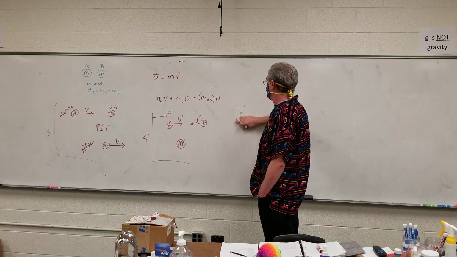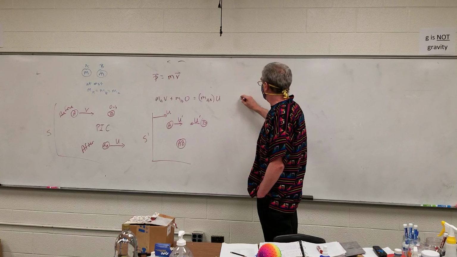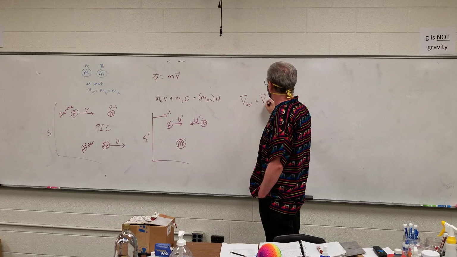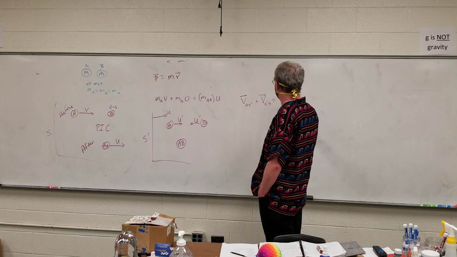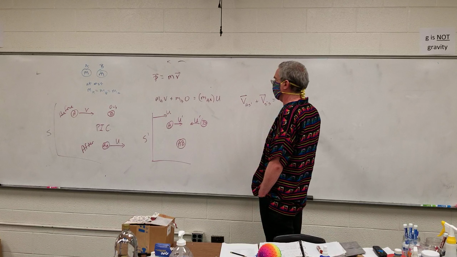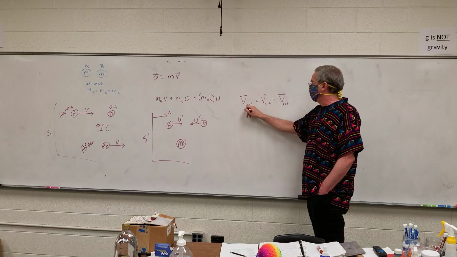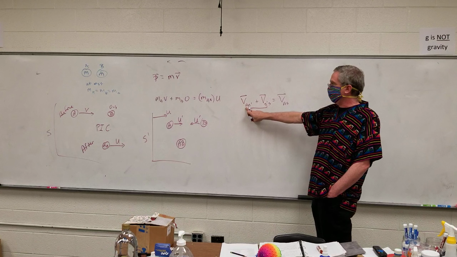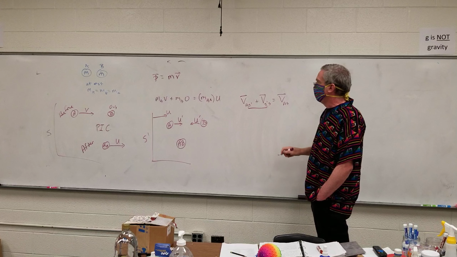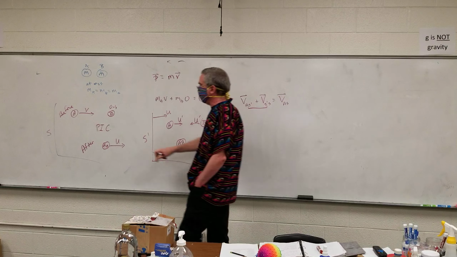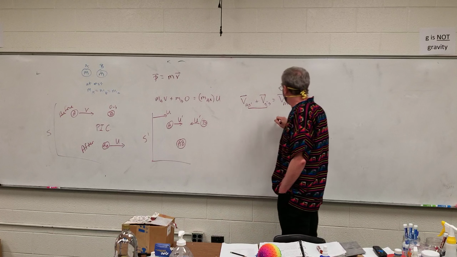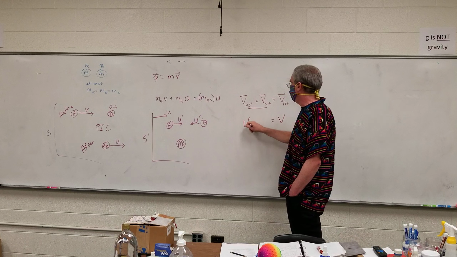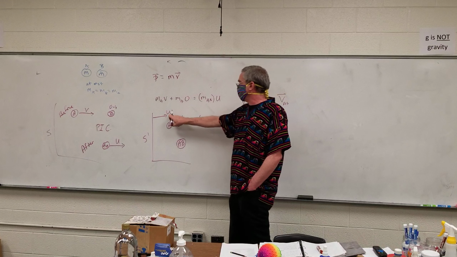And so the velocity of A with respect to S prime plus the velocity of S prime with respect to S would be the velocity of ball A with respect to S. Ultimately I'm trying to find the velocity of ball A with respect to S. Well, the velocity of A with respect to S is just V. The velocity of A with respect to S prime is U prime. And the velocity of S prime with respect to S is U.